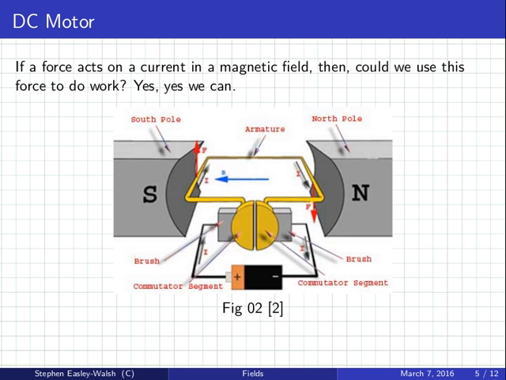The gap. Well, this wheel here, this is called the commutator. And these are called, obviously, the brushes.